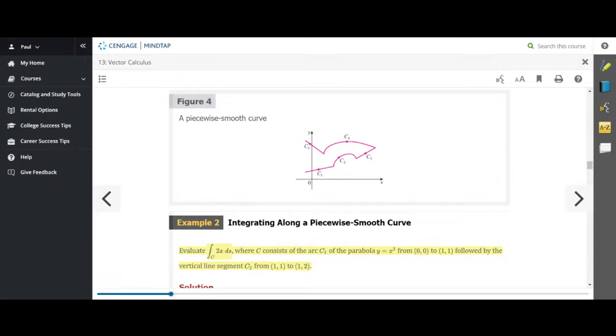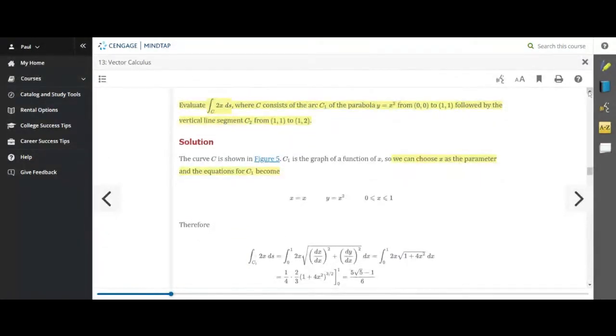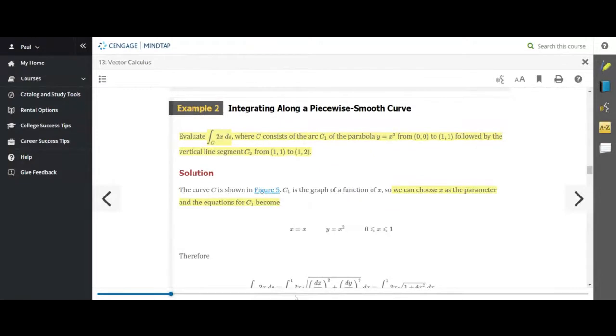Now in the book, this is example 2. They want you to evaluate this line integral with respect to the curve C, where C consists of an arc of a parabola followed by a vertical line segment.